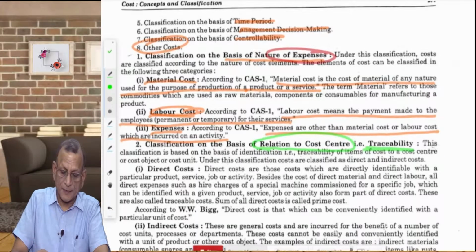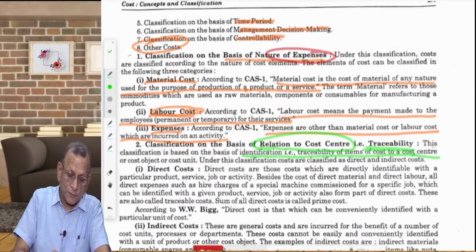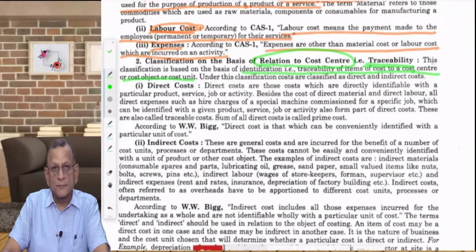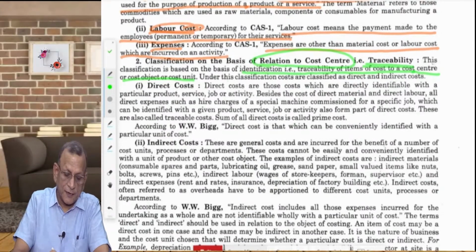This classification is based on identification, that is traceability of items of cost to a cost center or cost object or cost unit. This may be further classified, understood in terms of direct cost and indirect cost.